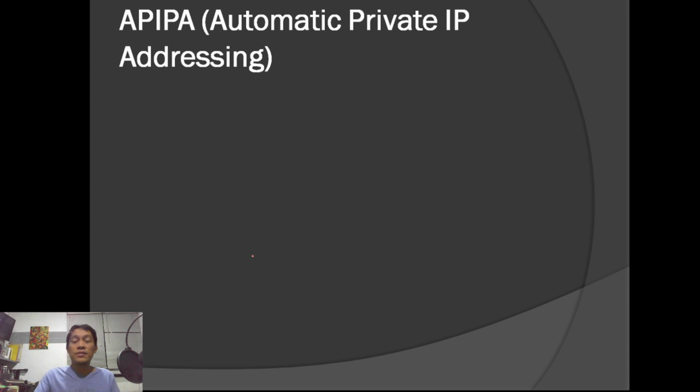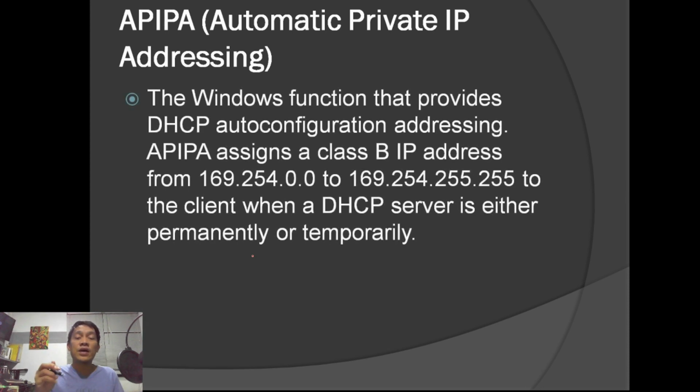We have also the APIPA, the Automatic Private IP Addressing. Even though you don't have a DHCP server, once you connect your computer to the network, the Windows operating system automatically configures IP addressing. So it is still possible that you don't assign a static IP and you don't have a DHCP server, but you can still network computers, because the Windows operating system is responsible for assigning the APIPA address.